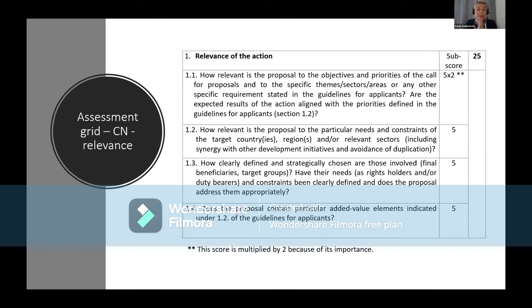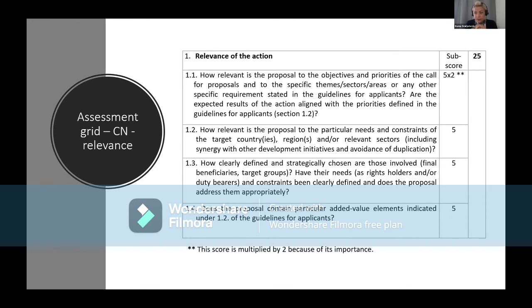That is the relevance of your proposal to the objectives and priorities of the call. You need to show that the expected results of the action are aligned with the priorities defined in the guidelines for applicants. Here the maximum subscore is 10.